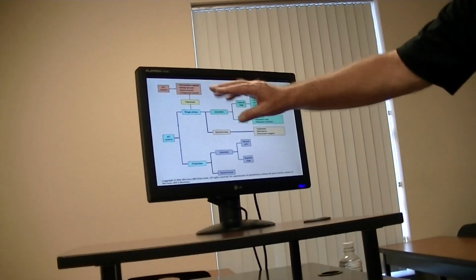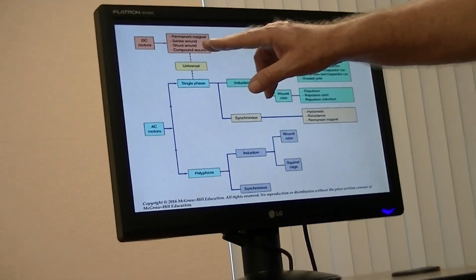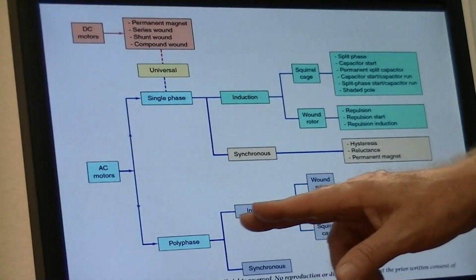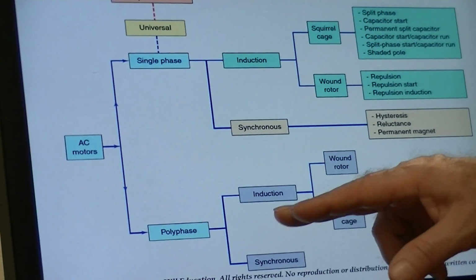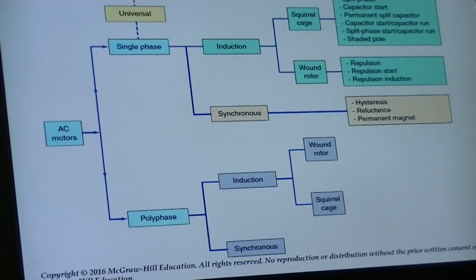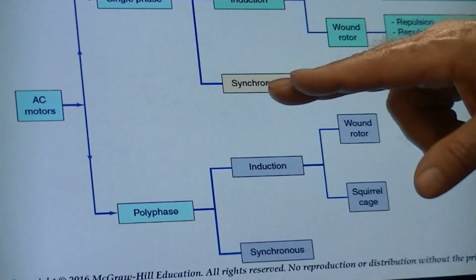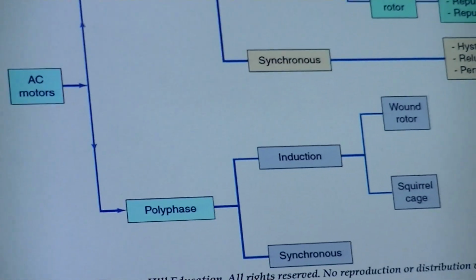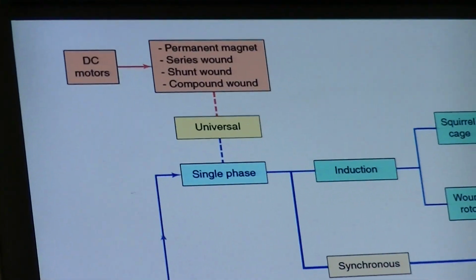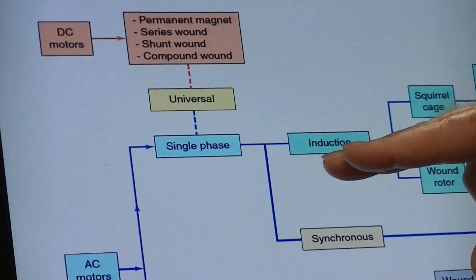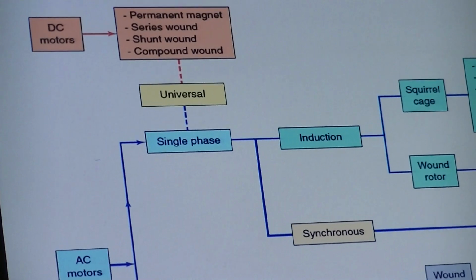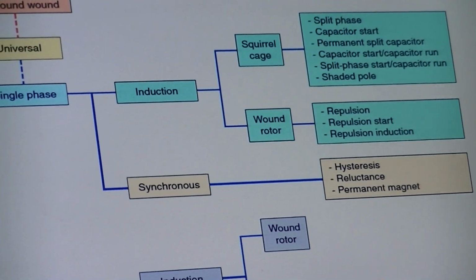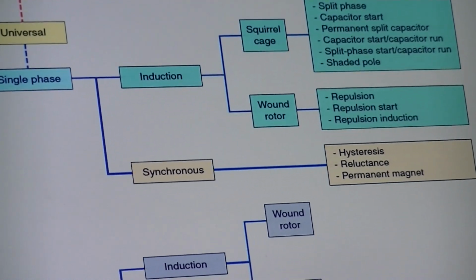Okay, so big picture, DC motors, pretty much the same as what we just looked at. Polyphase motors can be broken down into induction and synchronous. Think of induction as something that has no brushes, and makes up the vast majority of motors.